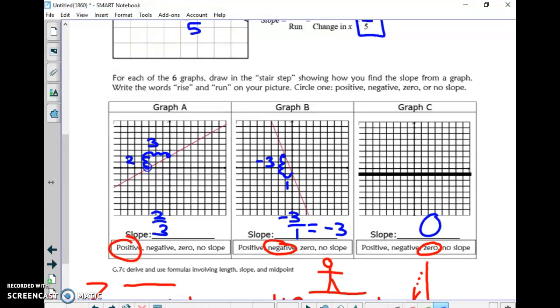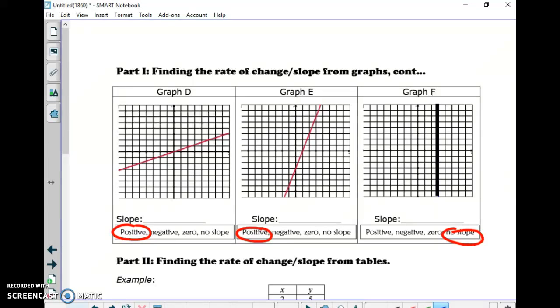On the next ones, D, E, and F, we pick two points again, making sure they're on the grid. What's the rise on this one? Up 2. And the run is 5 to the right.